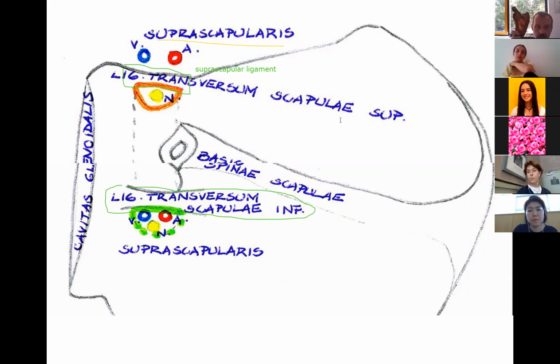We look at the posterior surface and we talk about the supraspinous and infraspinous fossa, for the supraspinatus and infraspinatus muscles. So the nerve innervates the supraspinatus muscle, the infraspinatus muscle, and the articular capsule of the shoulder joint.